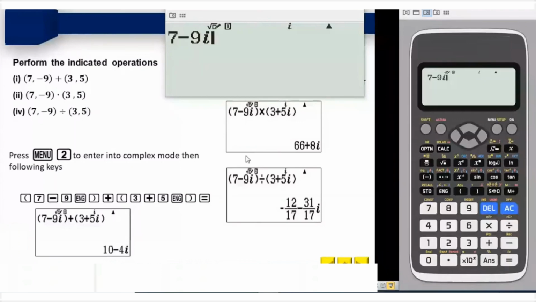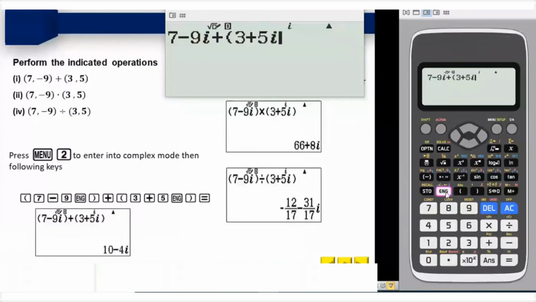So 7 comma minus 9 plus 3 comma 5 is the complex number written in coordinate form. So this is 7 minus 9 iota plus bracket open 3 plus 5 iota. Iota is the ENG button. I will close the bracket.